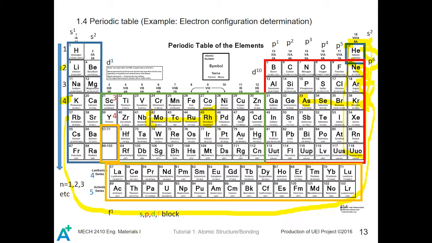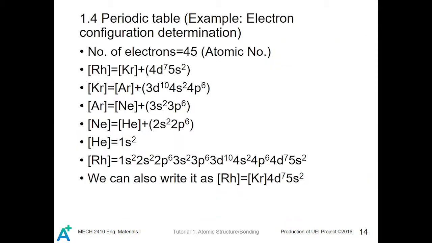And you can also use the 2n squared method to determine the maximum number of electrons which can be filled in for each distinct value of n, which I have already mentioned for this part. For rhodium, we just add it back: helium is this way, neon is basically this one, argon is basically this one, krypton is basically this one.